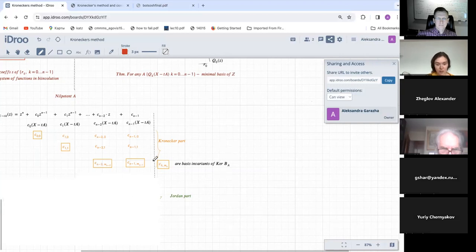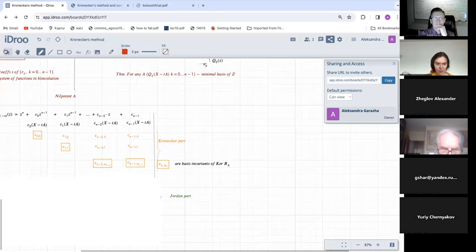And here we understood that these elements are basis invariants of this kernel. And it means that if we want to find bases that correspond to a Lagrangian subspace with respect to form B, in geometrical language, it means that we want to find a complete system of functions in bi-involution on this thing. How could we do it?